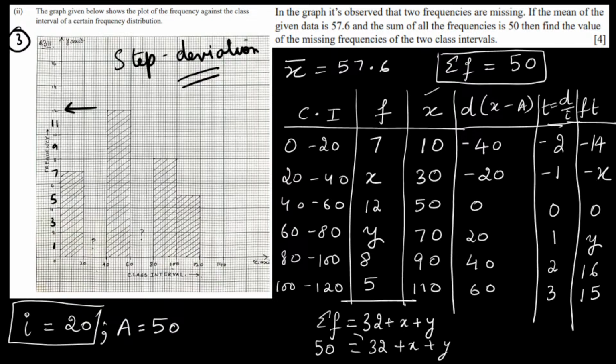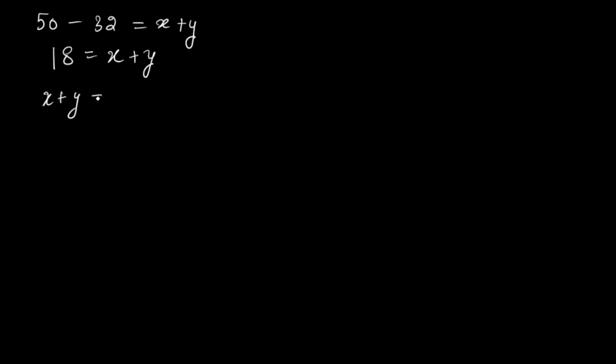So if we shift 32 to the other side, this will be 50 minus 32 is equal to x plus y. If you do the subtraction, 10 minus 2 is 8, 4 minus 3 is 1, 18. So x plus y is equal to 18.